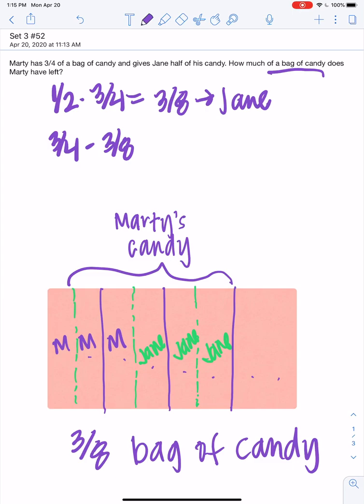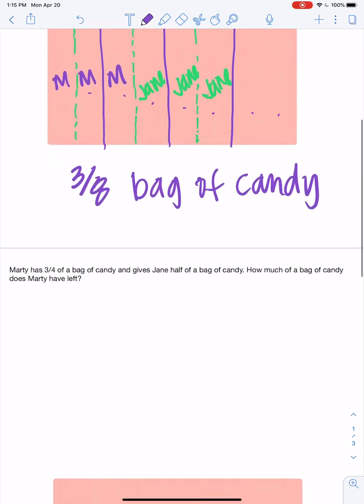And it just so happens that this ends up being the 3/8 here. So this is Marty's. All right, so let's visit the next one.